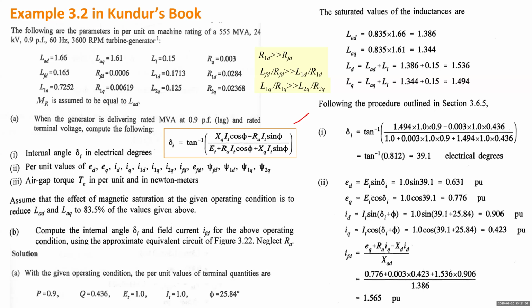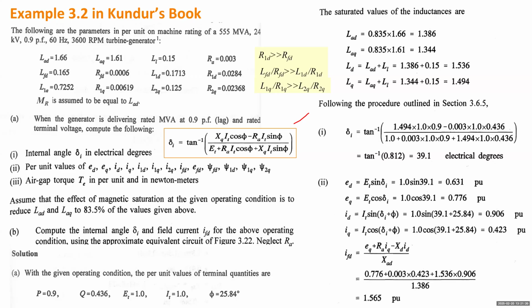Same XQ. Yeah, this is the accurate formula. We just use the accurate value. So if it says SQ, we'll use SQ. Oh yeah, this one only needs SQ. Yeah, so we use SQ. So LQ is actually XQ in per unit. Same, yeah. Frequency is assumed to be 1 because that's steady state condition.